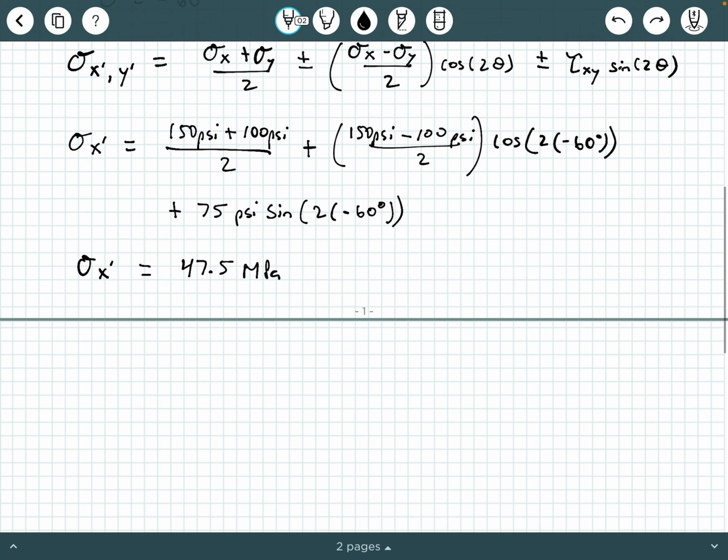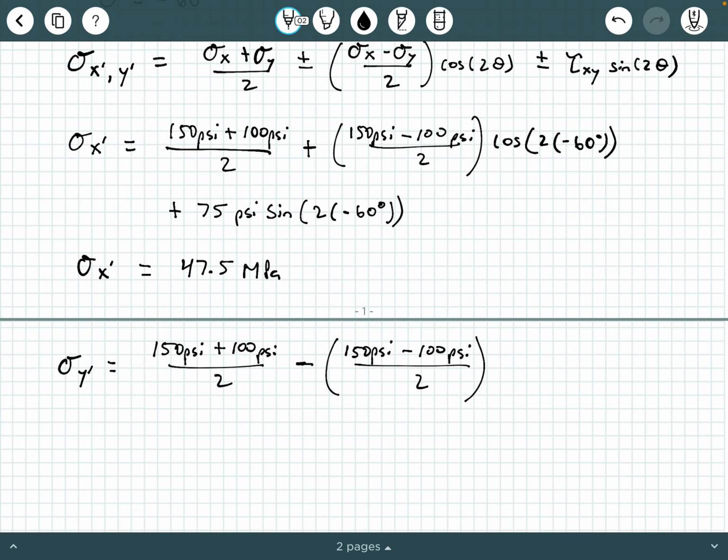And in a similar way, we're going to say sigma y prime is equal to (150 psi plus 100 psi) divided by 2. Here for the sigma y prime, we have a negative sign, and then open parentheses 150 psi minus 100 psi, all divided by 2, times the cosine of 2 times negative 60 degrees.